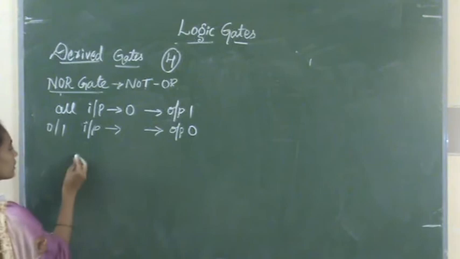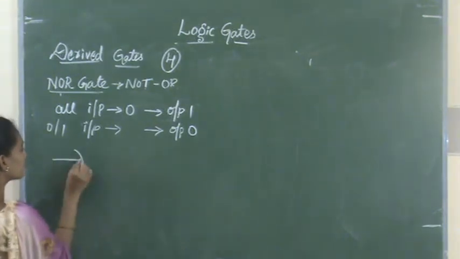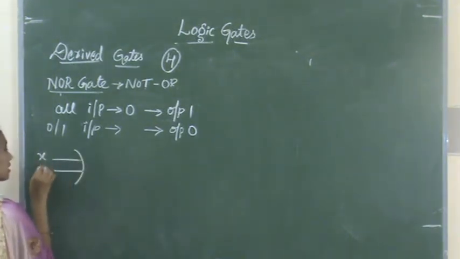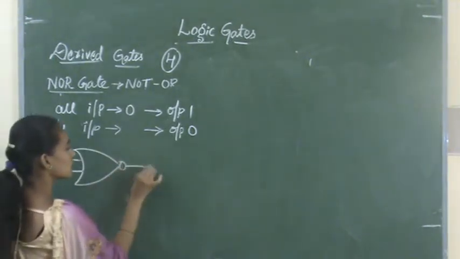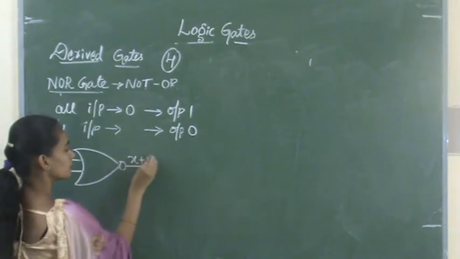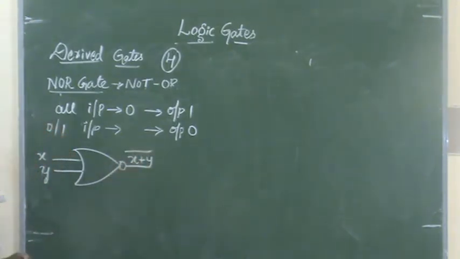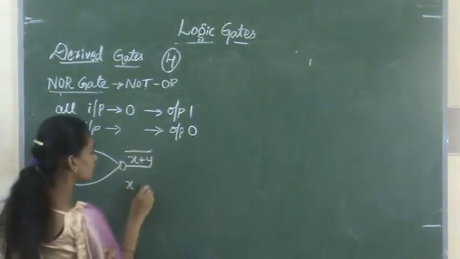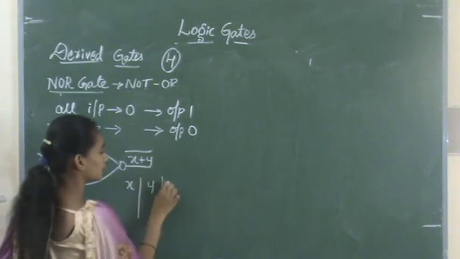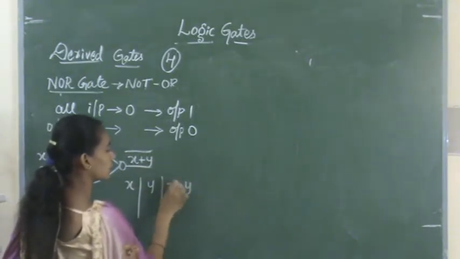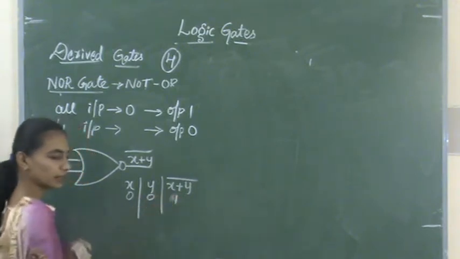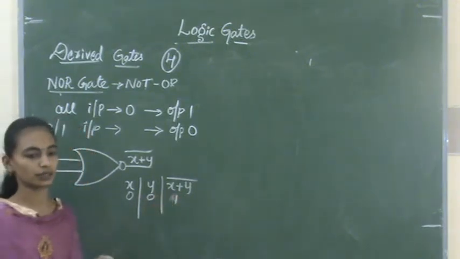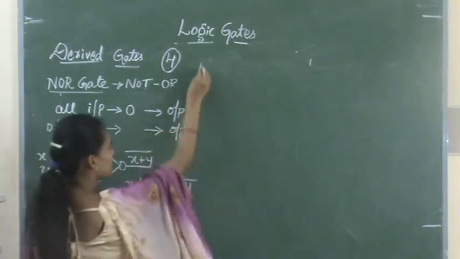How to represent this? Generally we use two inputs, one is X, another one is Y. So this is the symbol used, and then the truth table is X plus Y whole bar. If all the inputs are 0, the output will be 1, the remaining are 0.